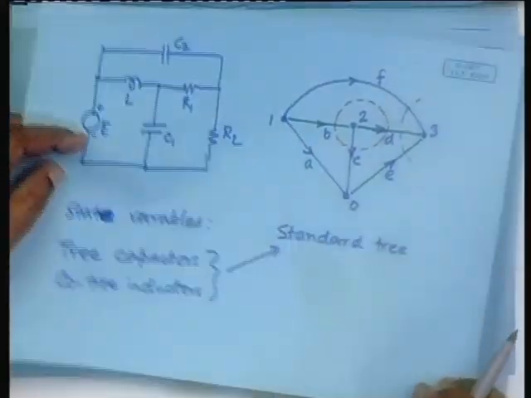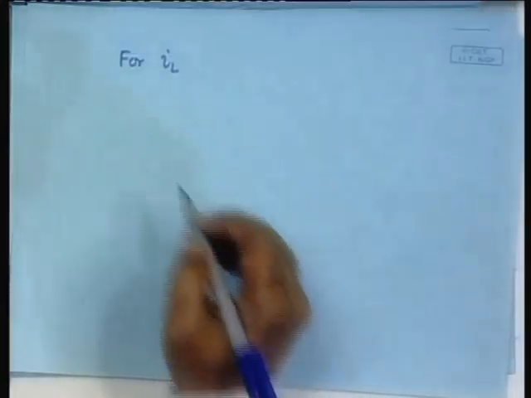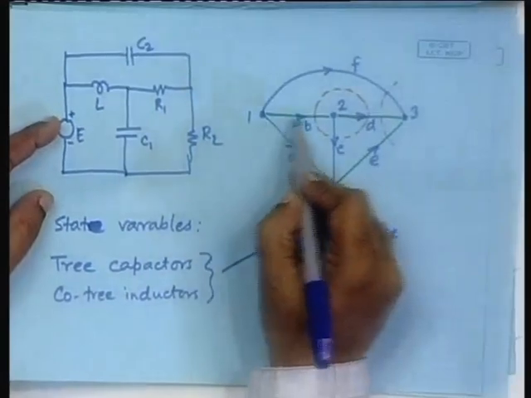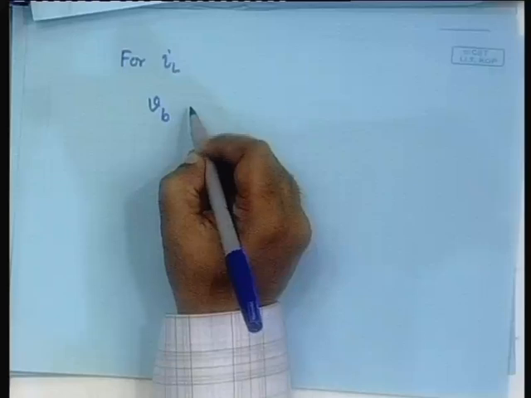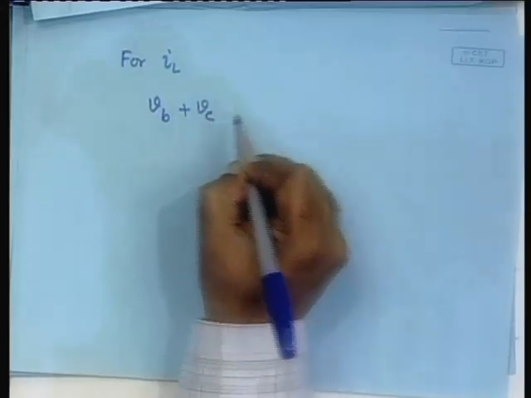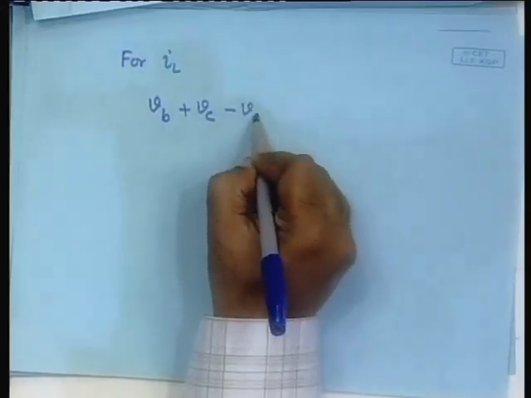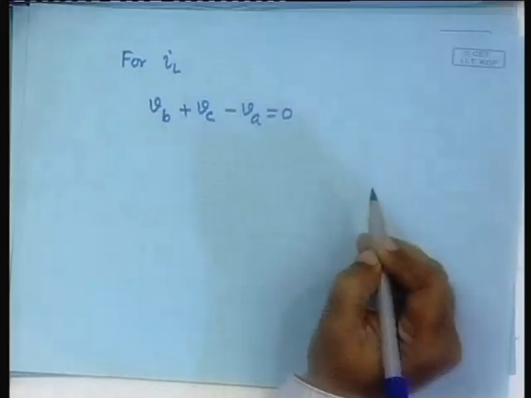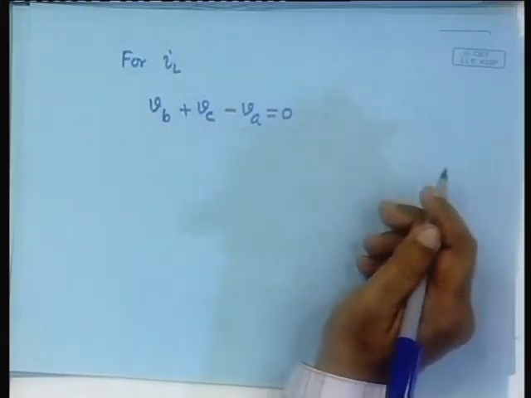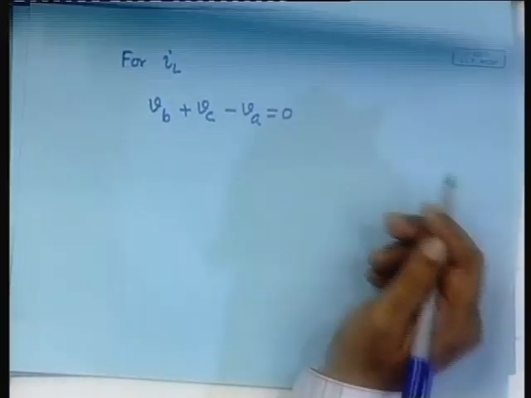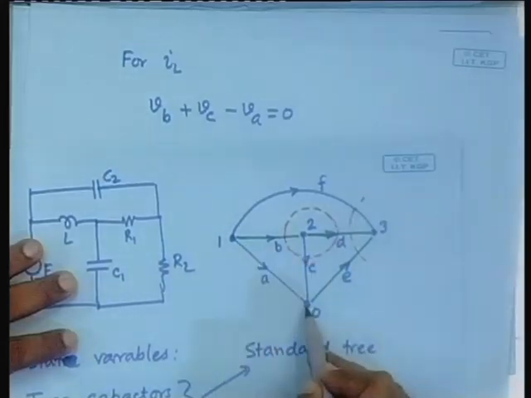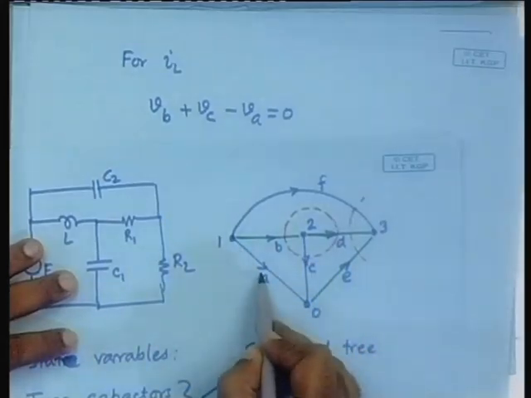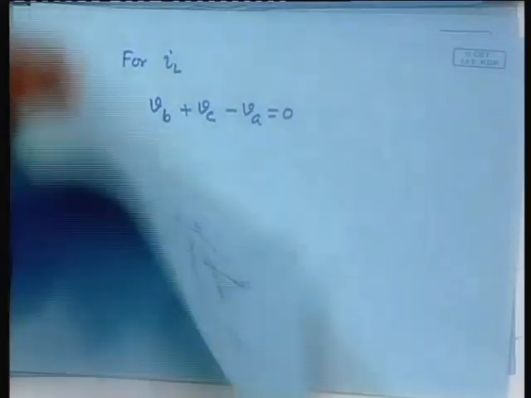So, write down the KVL equation in this. It will be, start from here, VB plus VC minus VA is equal to 0, right. Notice VB plus VC minus VA, because the arrow is opposite, equal to 0.